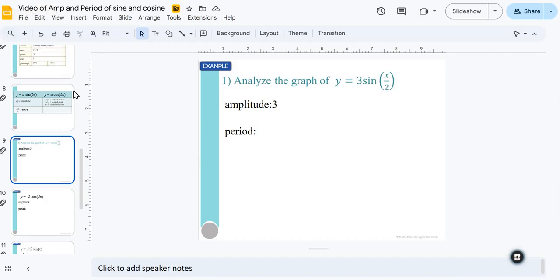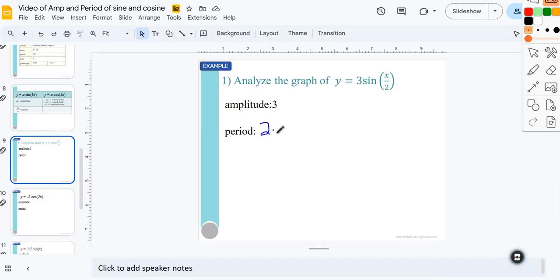For our period, again, remember that it's 2 pi divided by whatever our b value is.